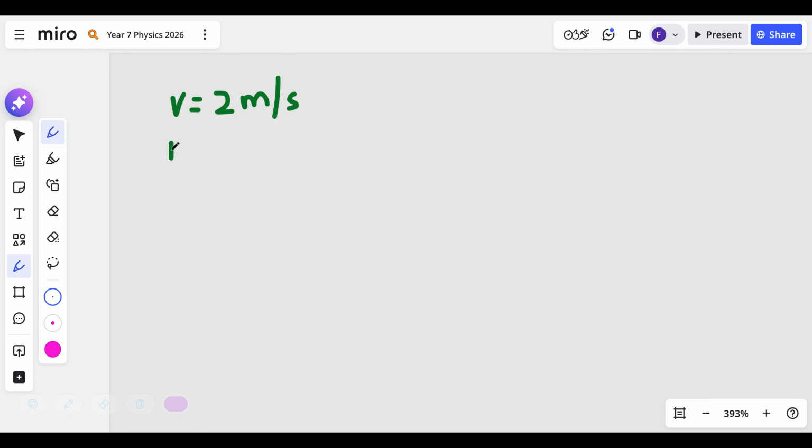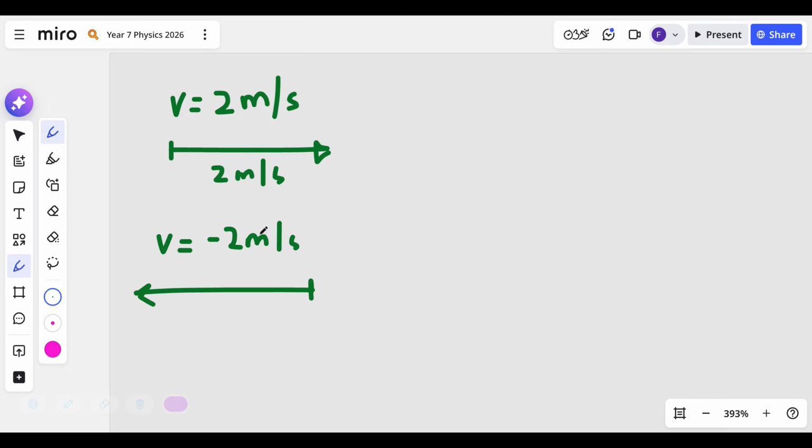That means you are moving to your right at 2 meters per second. If I give you velocity at minus 2 meters per second, you are moving to your left with a speed of 2 meters per second.